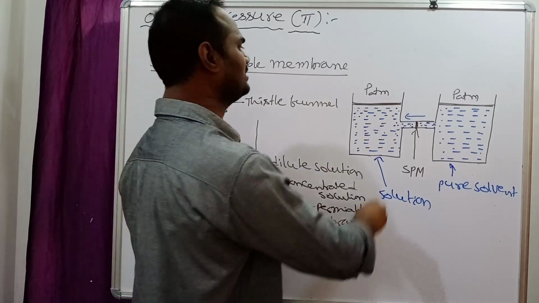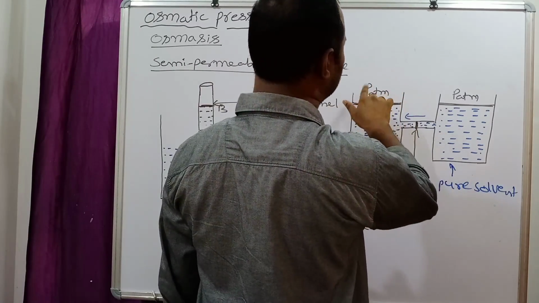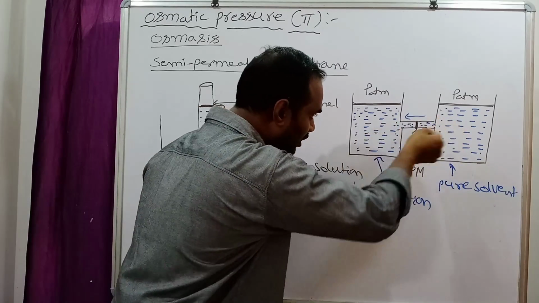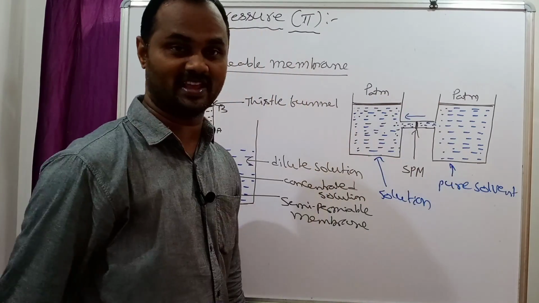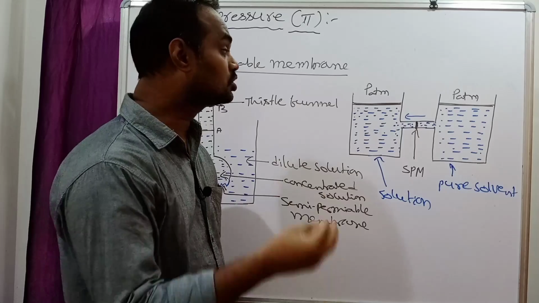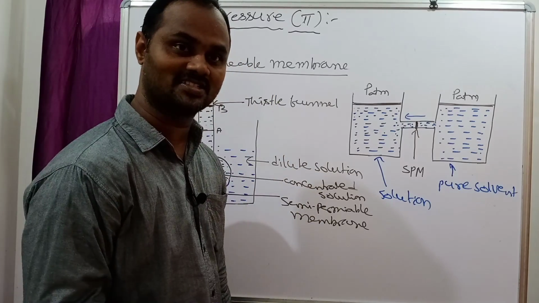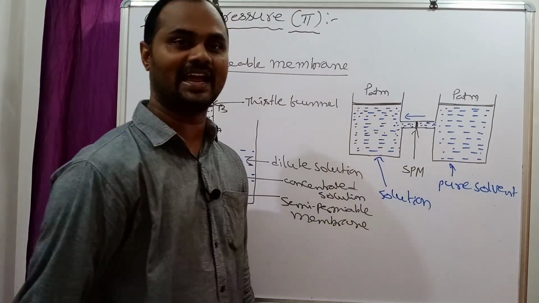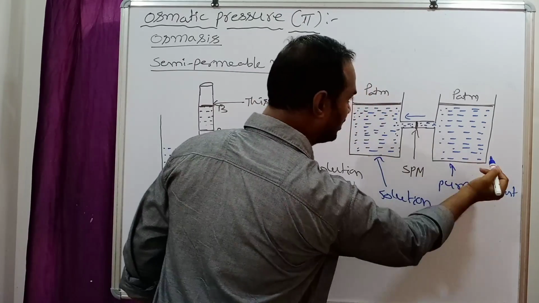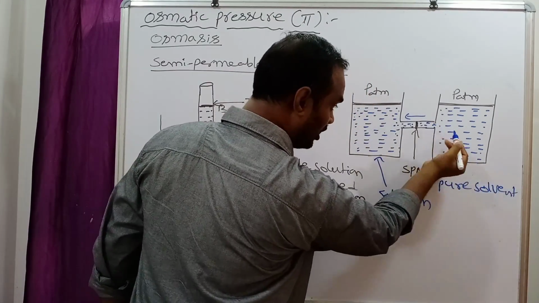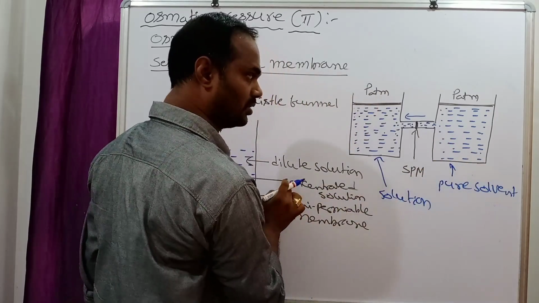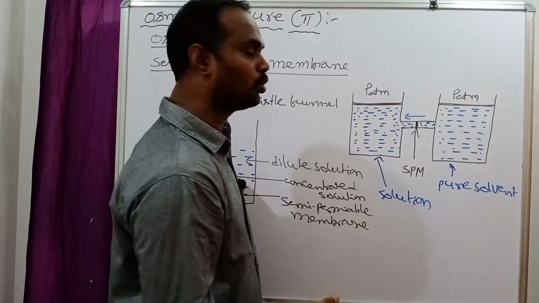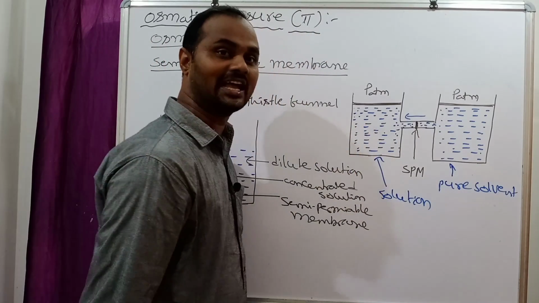Here, whatever pressure is present on this piston, P atmosphere, is here also P atmosphere. Carefully see, osmosis takes place. To stop this osmosis, we should apply some pressure on the solution side. Solvent molecules move from pure solvent to solution; to stop this movement, some external pressure must be applied on the solution side.